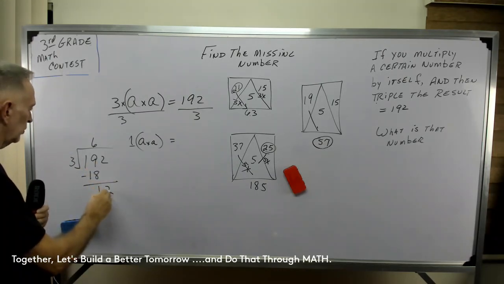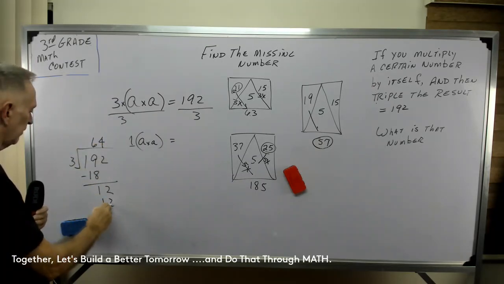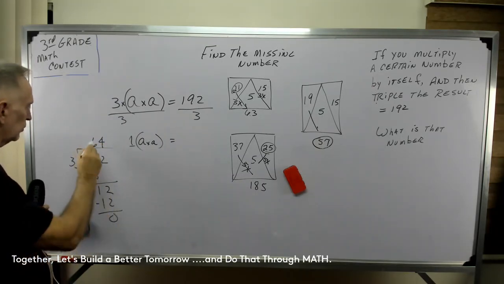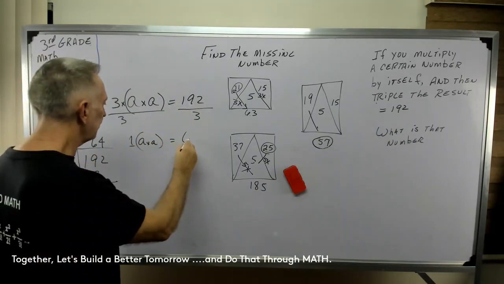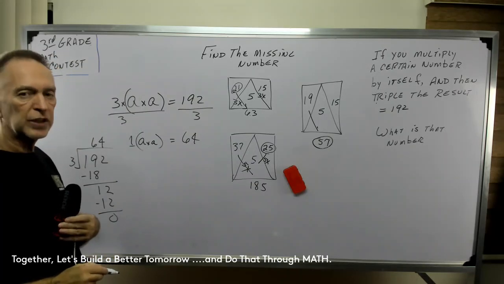Bring down the 2. 3 will go into 12 4 times. 4 times 3 is 12. 12 minus 12 is 0. So I have 64. So I have A times A equals 64.